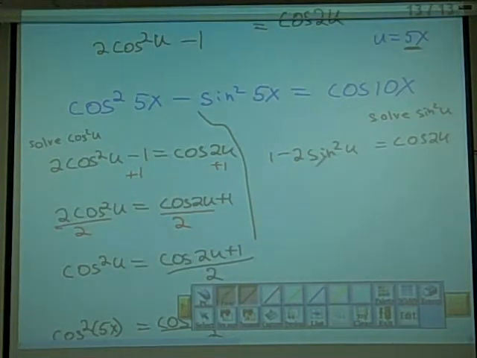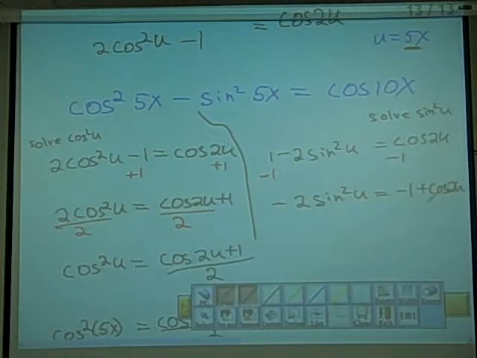Now at this point we're going to subtract 1 from both sides. And we get negative 2 sine squared u equals negative 1 plus cosine 2u.